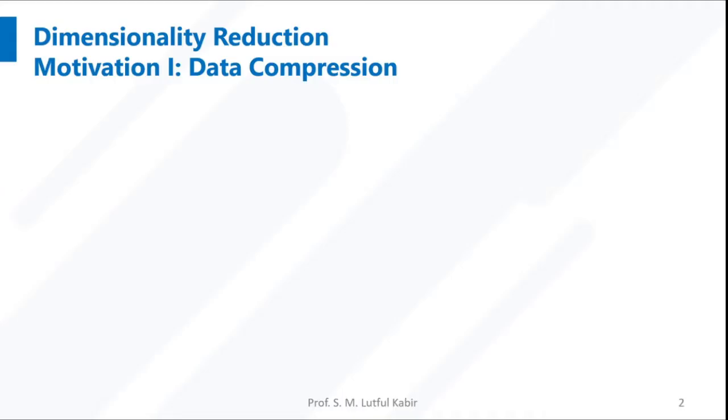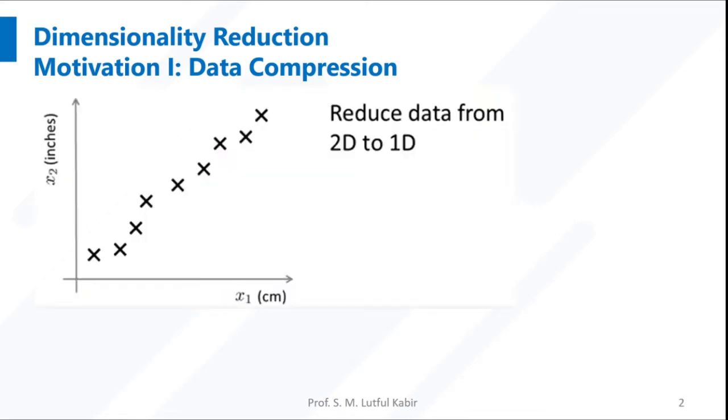The first motivation is data compression. When you use dimensionality reduction, the data becomes compressed. Let us see an example of this plot where, among the number of features, let us take two features, x1 in centimeter and x2 in inches.